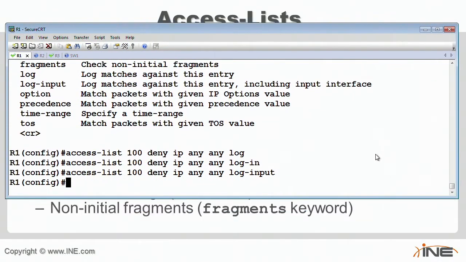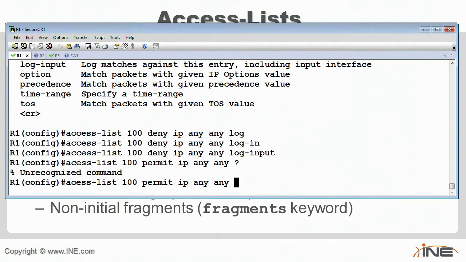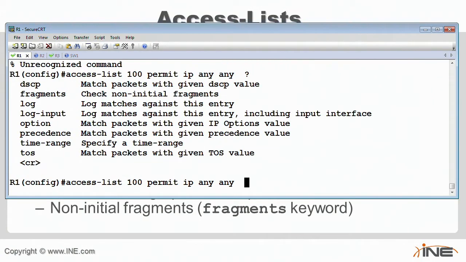the context-sensitive help. So if we say here access list 100 permit IP any question mark, you'll see that this particular version is going to support more details in the layer 3 and layer 4 header than some of the previous versions will. So of course with IP we could check for fragments, the QoS.